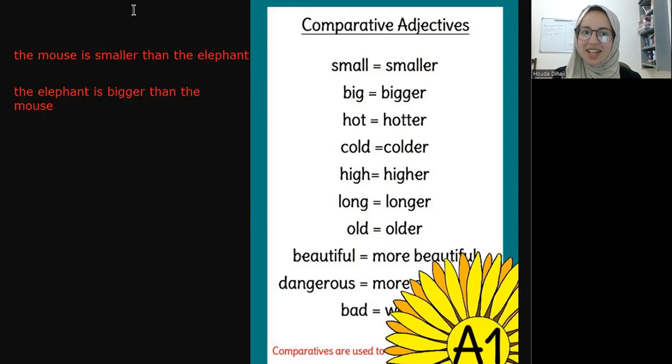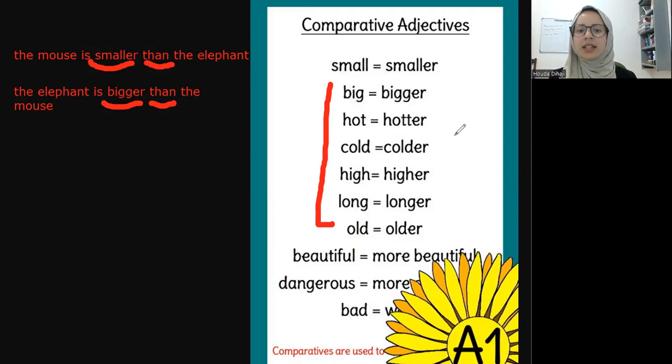So we say the adjective plus than. The same thing for all these adjectives here: colder than, higher than, longer than, older than.